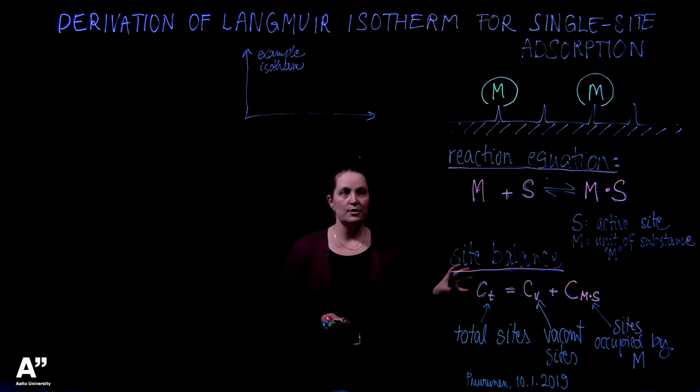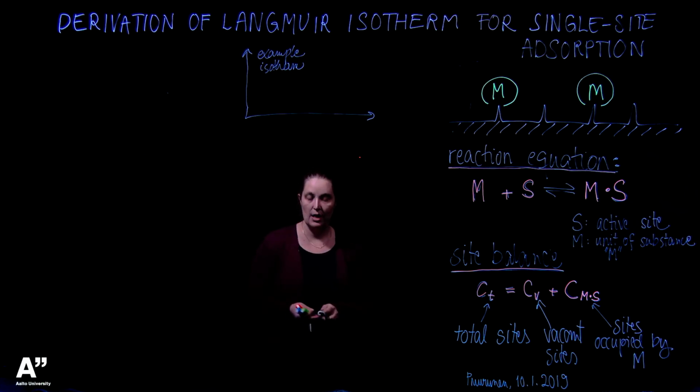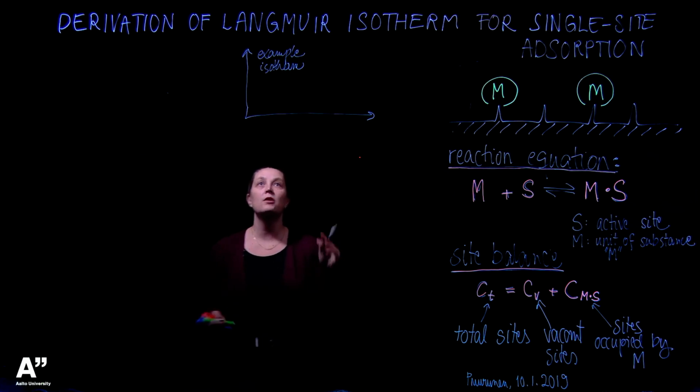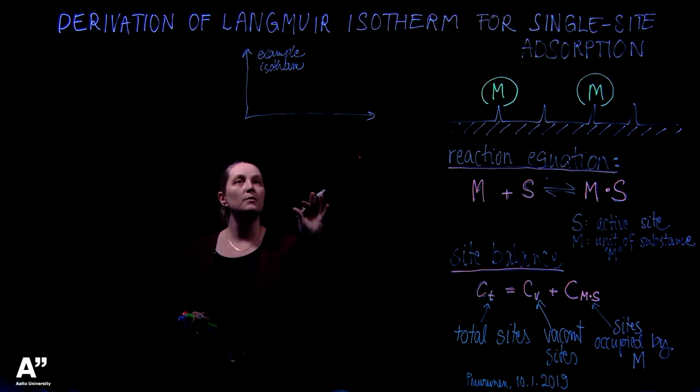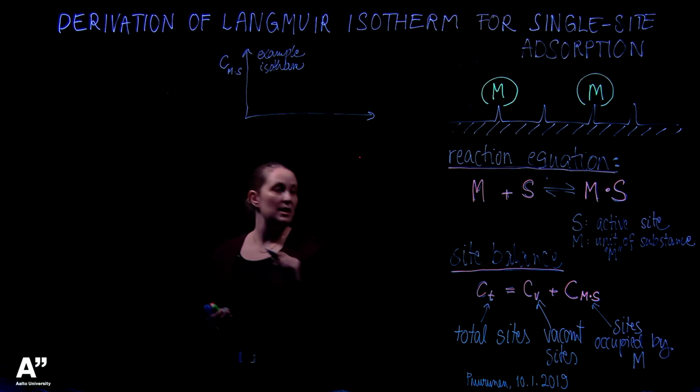Langmuir adsorption isotherm is a model for a model case, but we are also measuring adsorption isotherms experimentally. And here I will just draw an example isotherm. So what we are interested in is the concentration of the amount of the adsorbed substance. So I denote it here with the C_M·S.